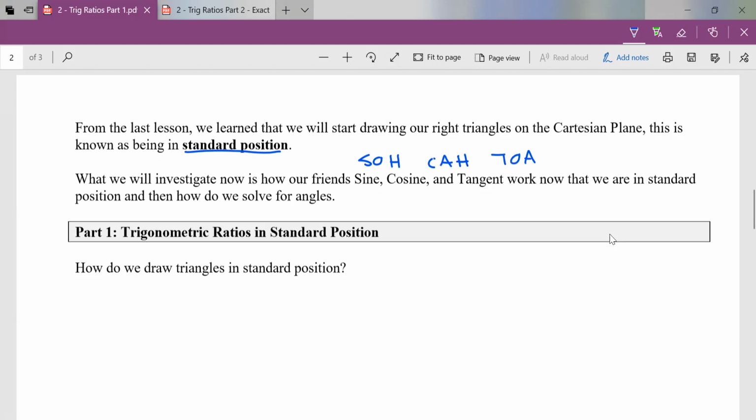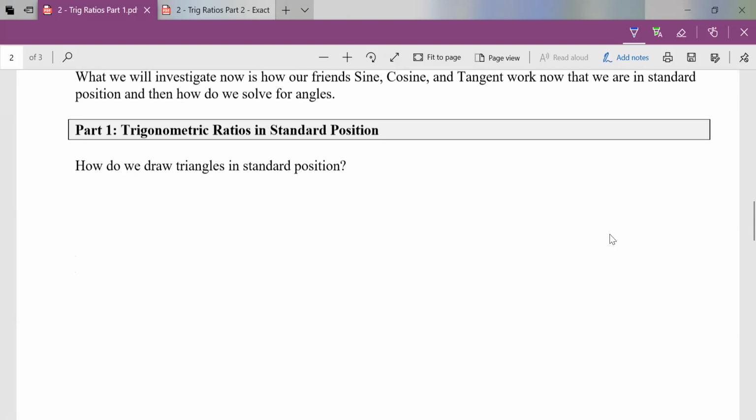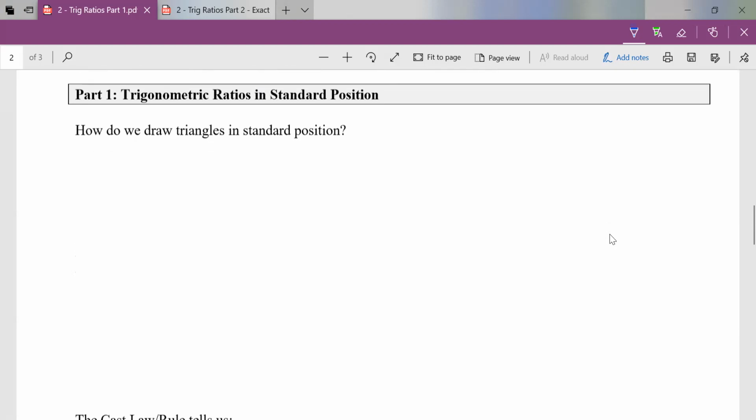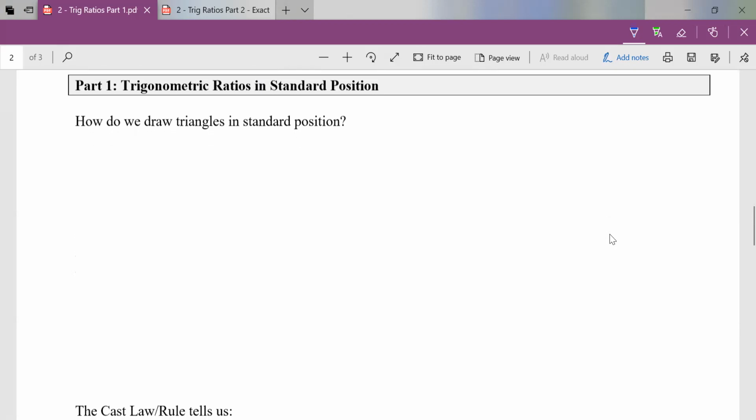Well, actually, they're really easy to use in standard position. So there's nothing too crazy in what we're about to do in the first part here. I'm going to draw something in standard position. As soon as I see the word standard position, I'm going to draw my Cartesian plane. Then all we're going to do is this. When we draw our triangles, we're always going to think of them centered at the origin.